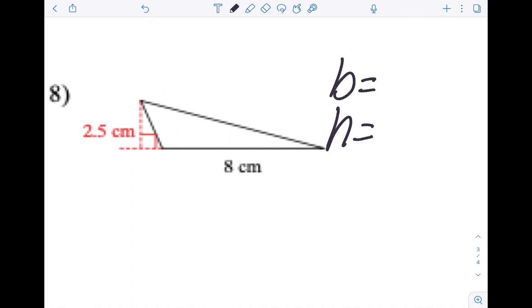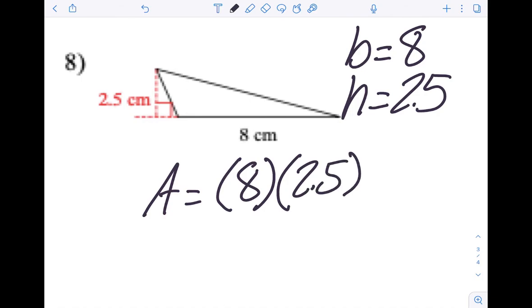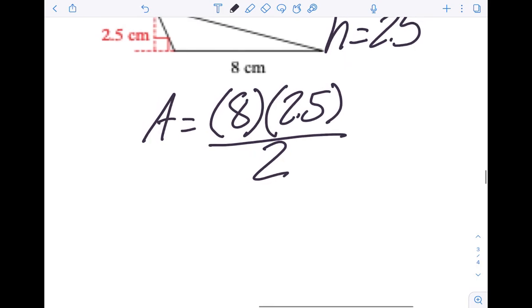The base is 8, the bottom. The height is 2.5. So the area is equal to the base times the height divided by 2. Look at that. And I'm going to get the area.